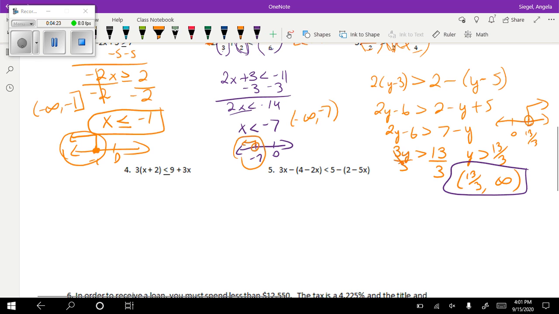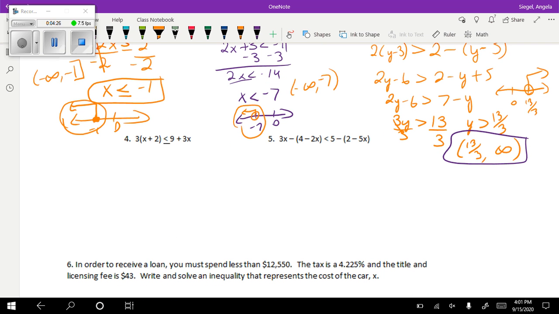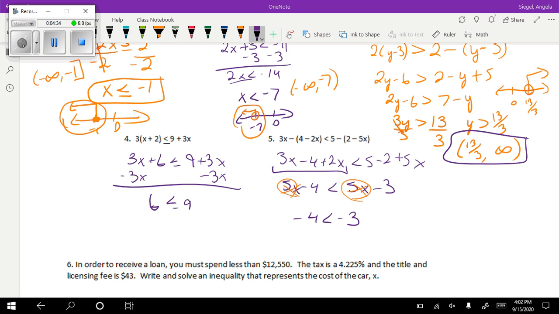Okay, so go ahead and try 4 and 5 on your own. Okay, so for both of these, the variables canceled out, and so we were left with 6 is less than or equal to 9, and then over here we had -4 is less than -3.